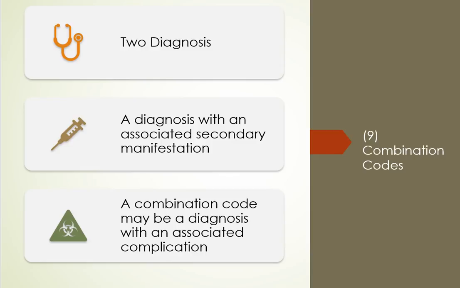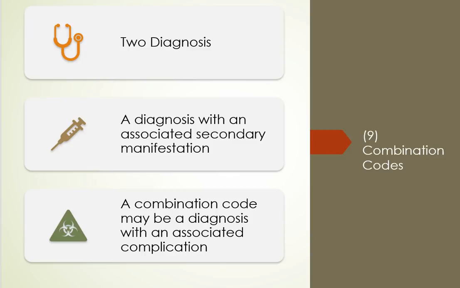Now, one thing I want you to note to differentiate guideline 9 from guideline number 7 is the fact that these are combination codes that give us the condition and the manifestation, or the condition and the complication, all in one code. Whereas in guideline 7, we looked at multiple codes.